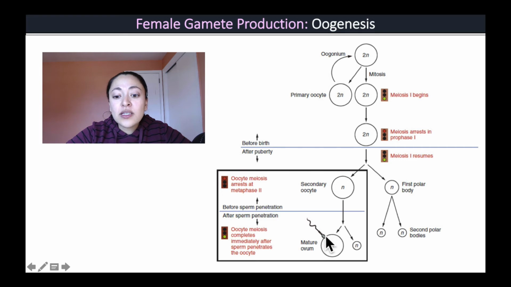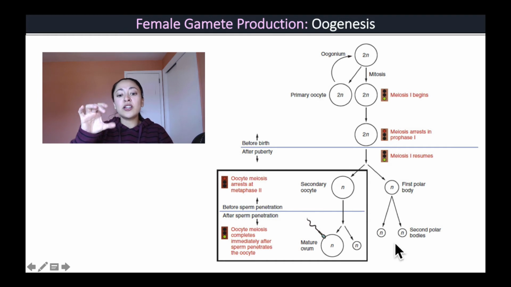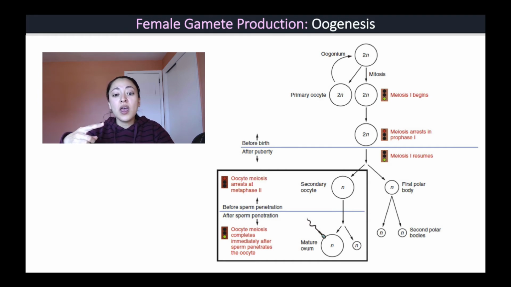As soon as a sperm starts to penetrate the outer membrane, that will trigger the secondary oocyte to undergo meiosis 2, and it will then become a mature ovum. And that mature ovum can then be fertilized completely by the sperm to create that zygote we talked about before.